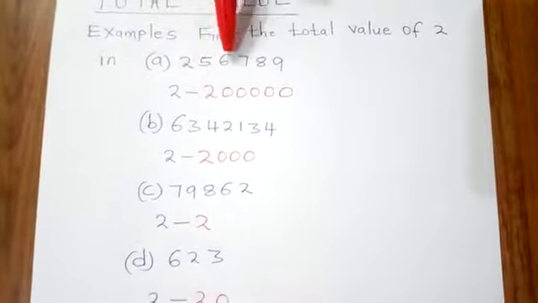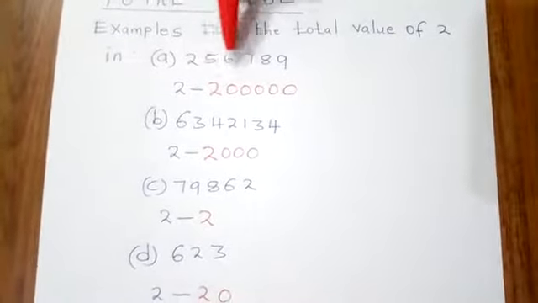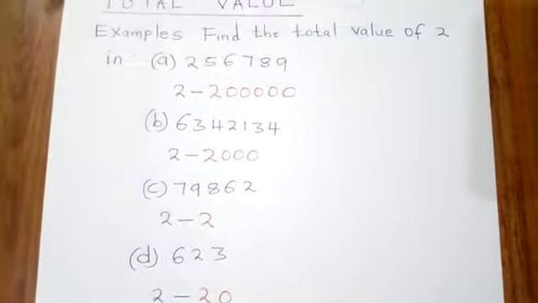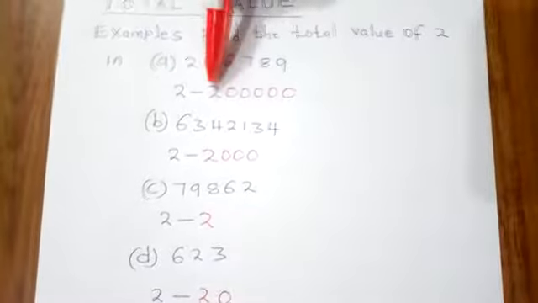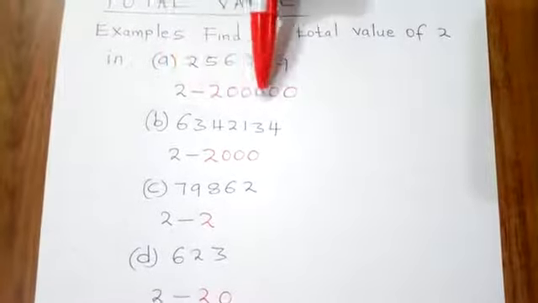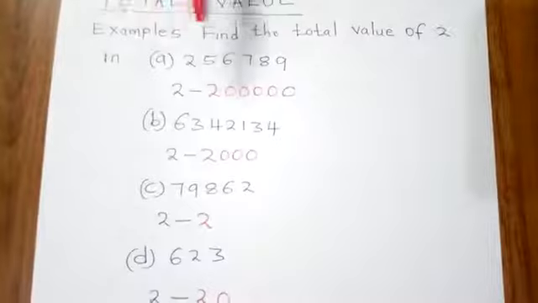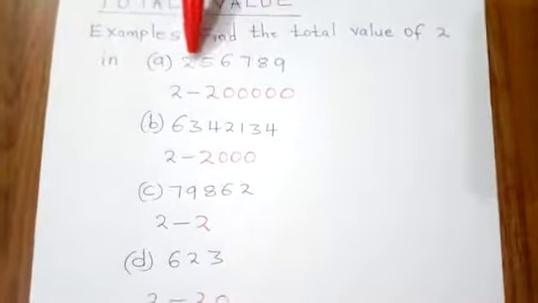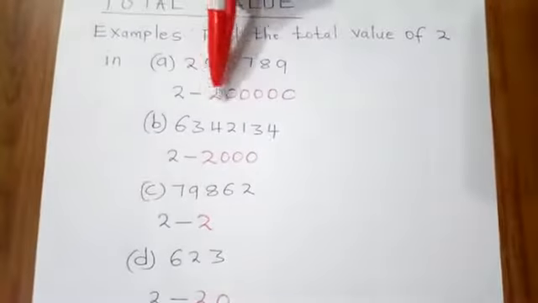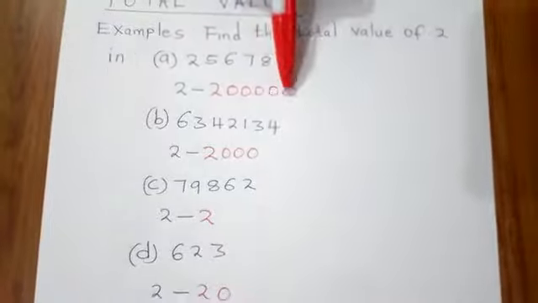So after 2, we have 1, 2, 3, 4, 5 zeros. So write 2, then 5 zeros. So the total value of 2 in this number is 200,000.